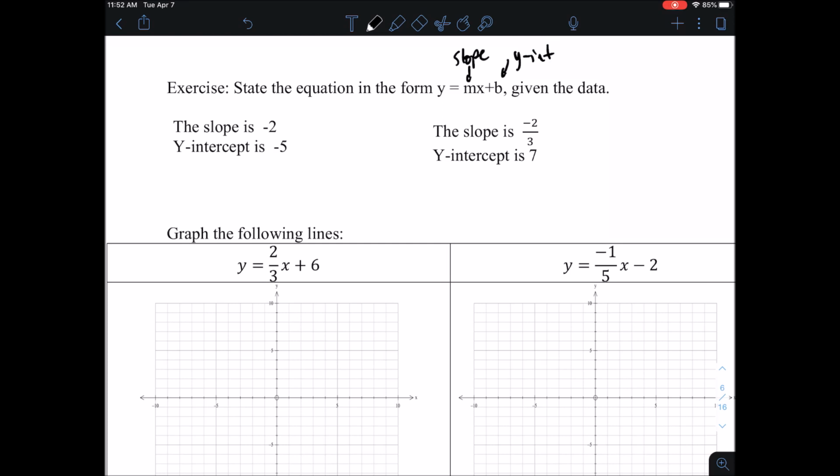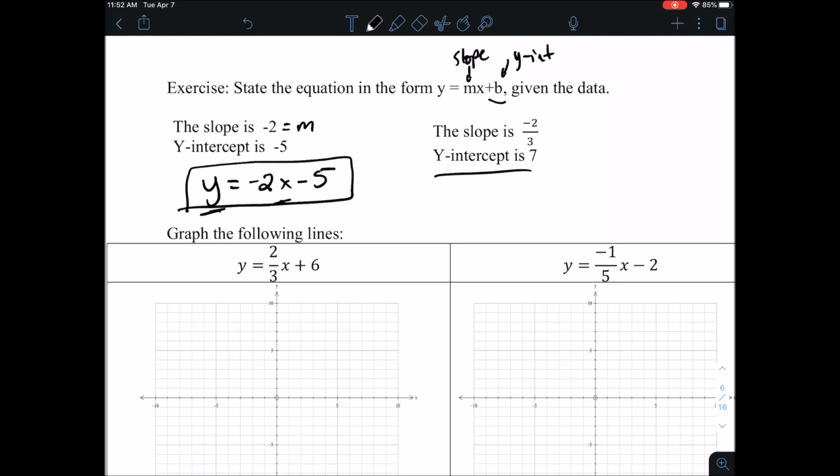This says state the equation in that form given this data. The slope is -2. Okay, so I'm going to go y equals -2, this is m, x, plus b, well, b is -5, so -5. And there's my equation. The y and the x don't change. Those are our variables in the equation. Next one, maybe you can try this one.